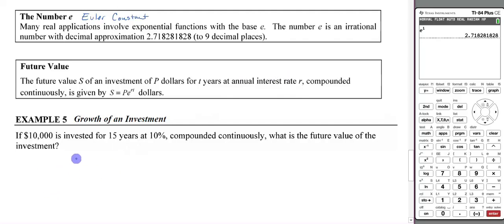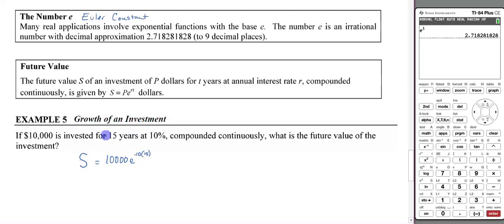Example 5 is growth of an investment. If $10,000 is invested for 15 years at 10%, and that's compounded continuously, what is the future value of the investment? So we can fill this in. S is our future value of the investment, and P is that principal of $10,000. E is your Euler constant. Your rate needs to be expressed in decimal form, and time is always in years, so we'll put 15 there.